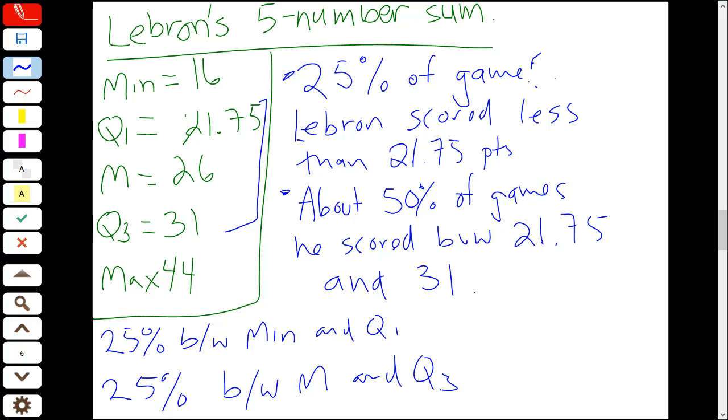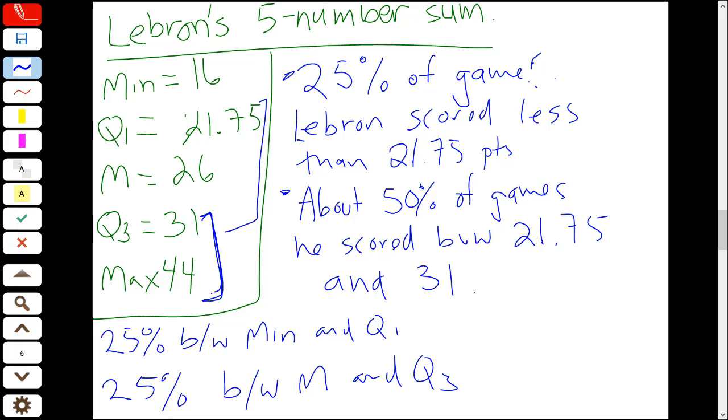And between any two consecutive numbers, there's about 25% of the data. Now that's approximately. It's called a 5-number summary in the quartiles because it splits the data into about 4 parts. So about 25% of the games LeBron scored between 31 and 44.